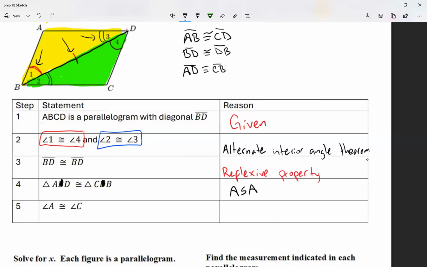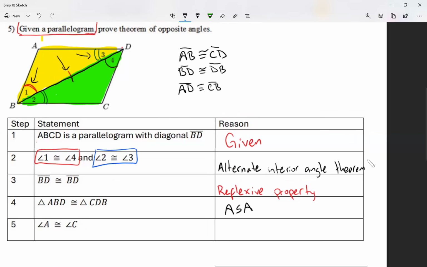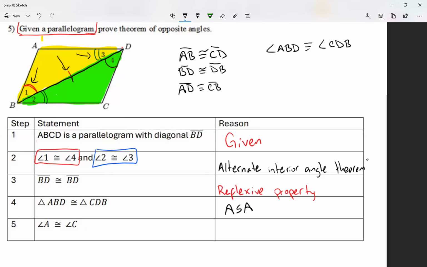As soon as you say two triangles are congruent, remember it means same shape, same size, you accept that one side of one triangle is equal to another side of the other triangle. You immediately accept that. Not only that, but also the angles. You're going to accept that the angle ABD is congruent to the angle CDB.